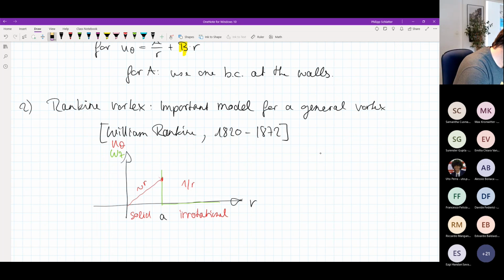It should kind of decay like a 1 over r, something like that.